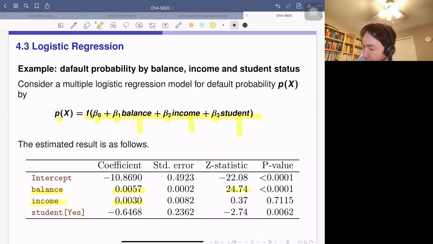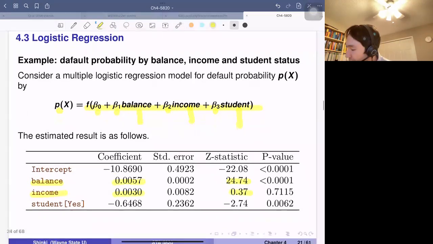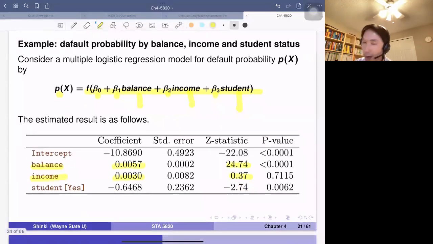Income is positive. With higher income, maybe they borrow even more. People say that in Asian countries, if you get $1 million, you spend $500,000 and save $500,000.